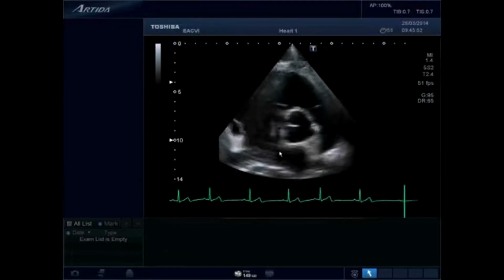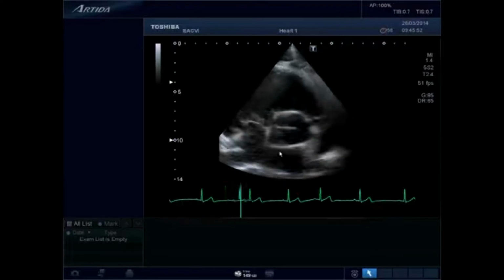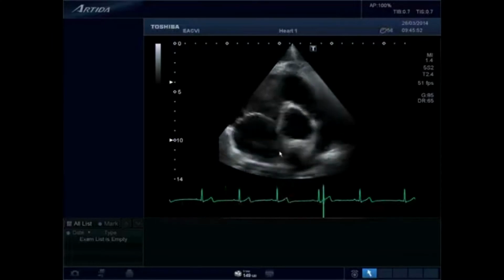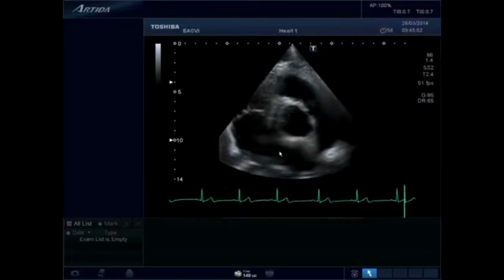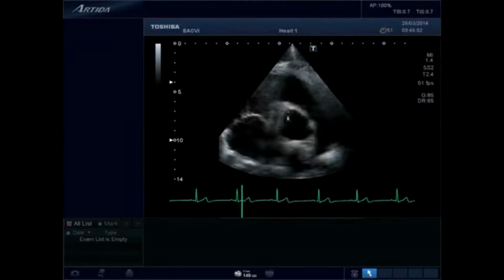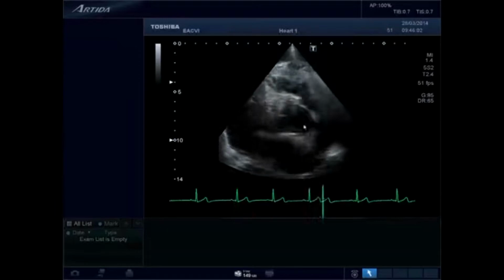So I am appreciating the morphology of the valve. I'm trying to see the three cusps. You have the right cusp here, the posterior cusp here, and the left cusp here.